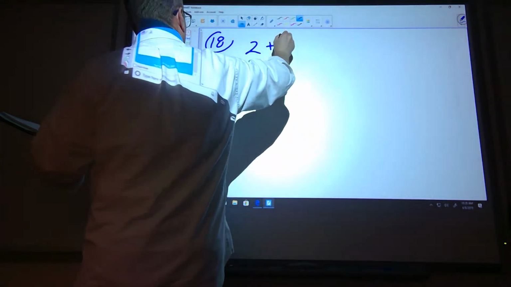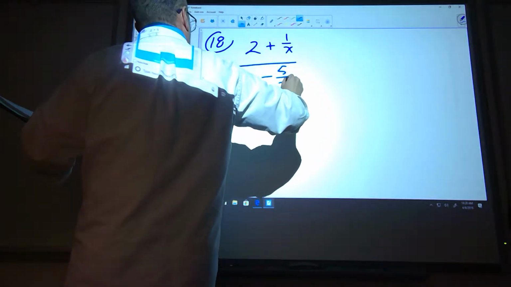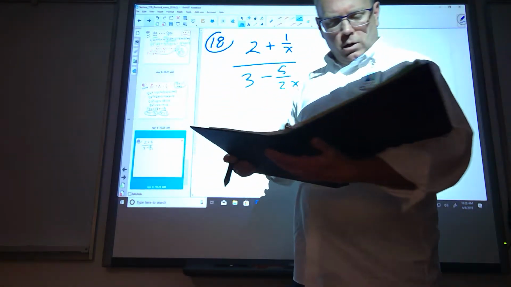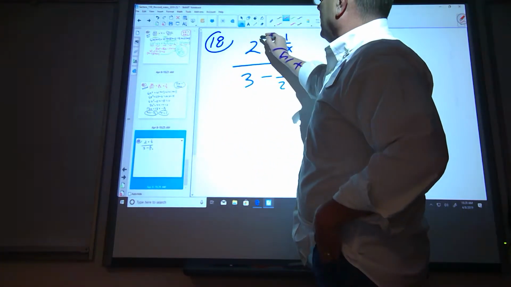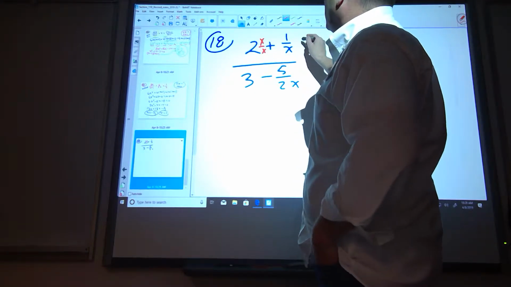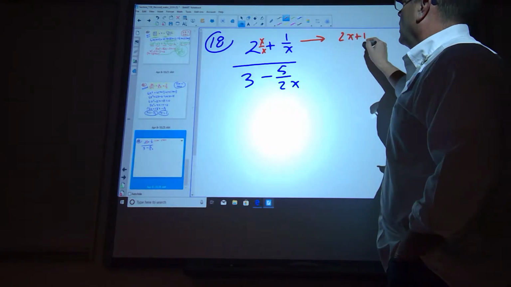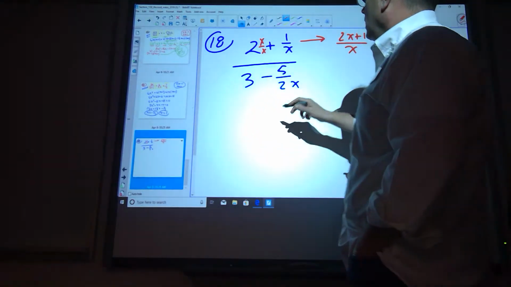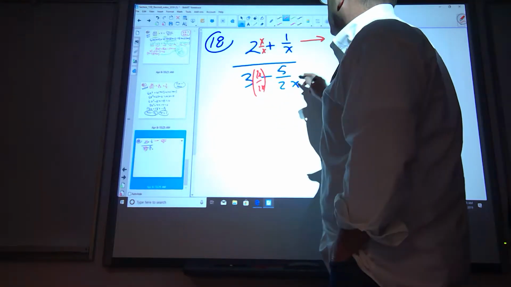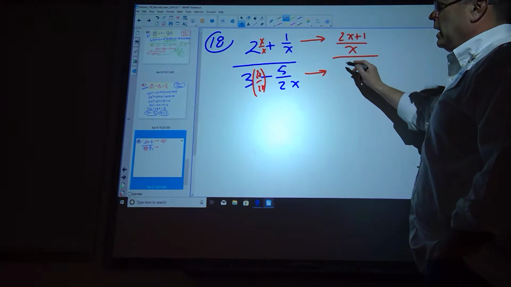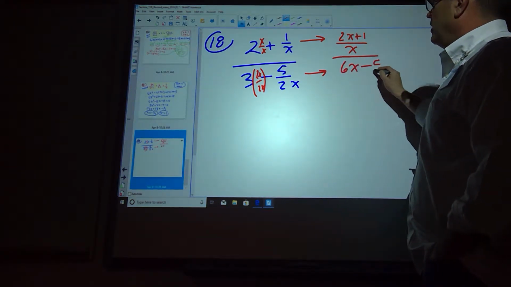Okay, 2 plus 1 over x, over 3 minus 5 over 2x. As far as finding the least common multiple, don't worry about that. Just realize I'm going to multiply this by x over x, so that's going to give me on top 2x plus 1 over x. And then let's multiply this one by 2x over 2x, and so that's going to give me on bottom 6x minus 5 over 2x.